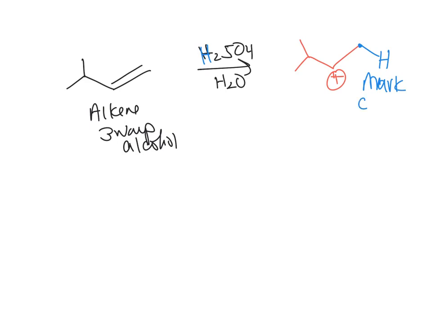You get the more stable carbocation, but this is a secondary carbocation, so you look next door and you can see that you can get a hydride shift. This is a 1,2 hydride shift. You get rearrangement, so then you end up getting your carbocation there, which is a tertiary, more stable.